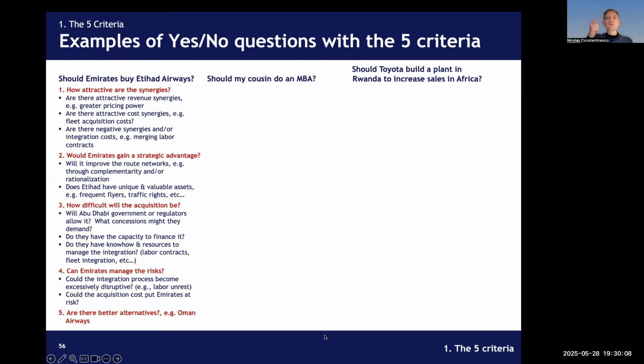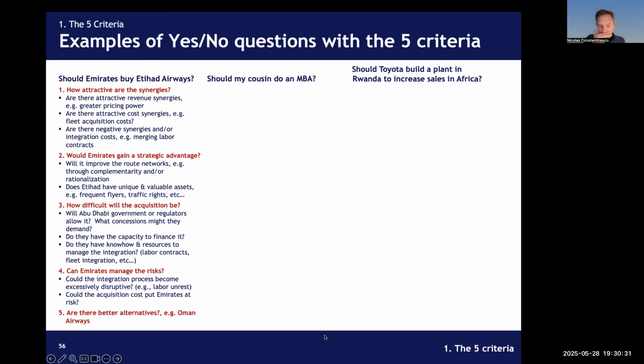Will it bring them closer to their strategic goals, whatever their strategic goals may be? One of them could be it gives them pricing power in the region. Another one could be it gives them access to new kinds of customers that they had poor access to, for example, in Abu Dhabi, because there's synergies, whatever.